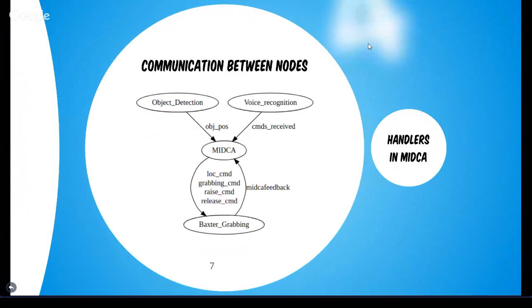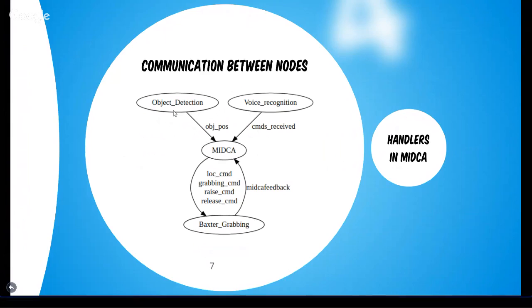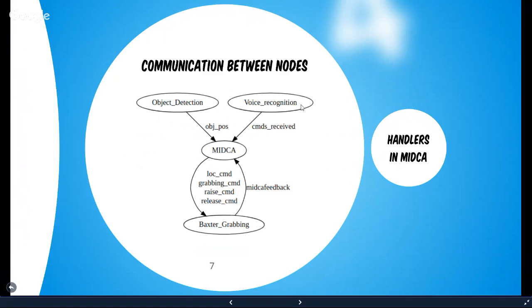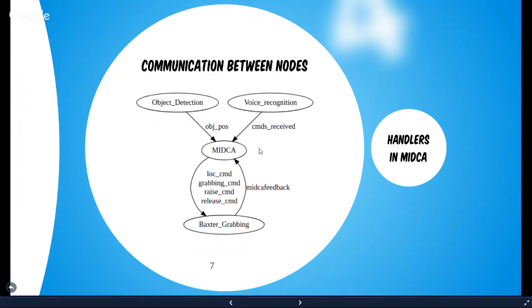We have the object detection node, and here object_position is a topic. What the object detection node does is recognize the objects, get the real world coordinates, and send them to MIDCA. Similarly, the voice recognition node transforms the human's speech into text and then sends it to MIDCA.